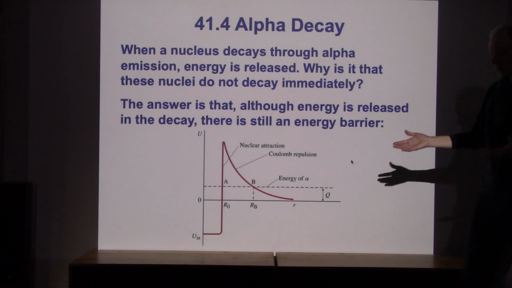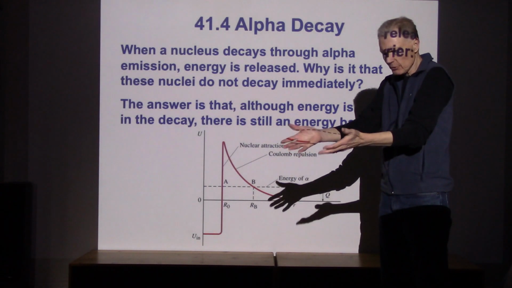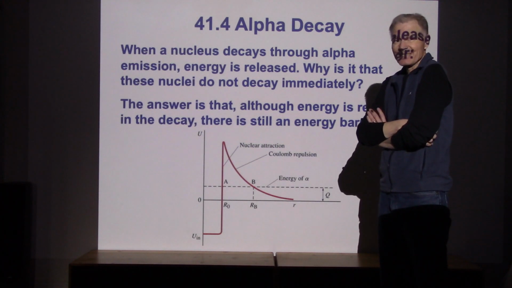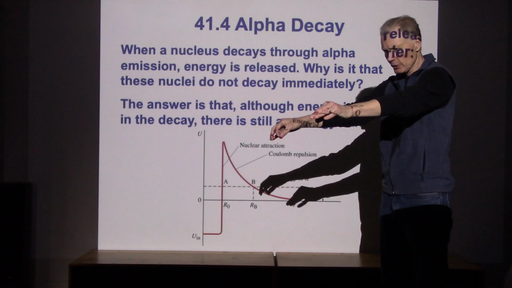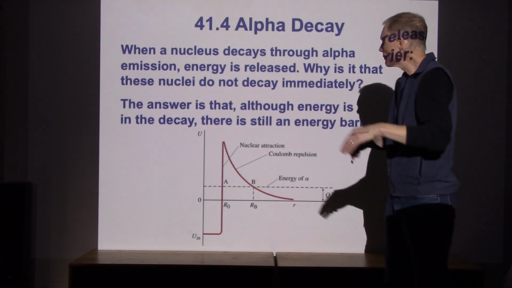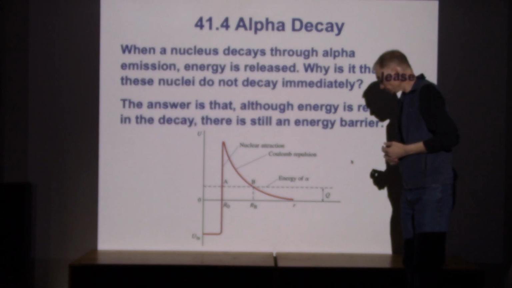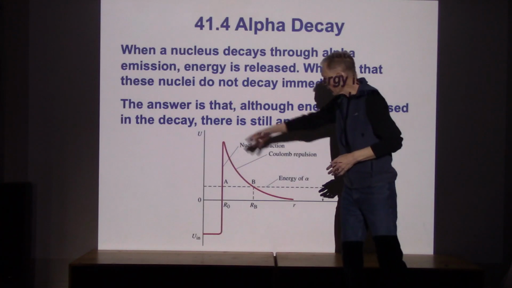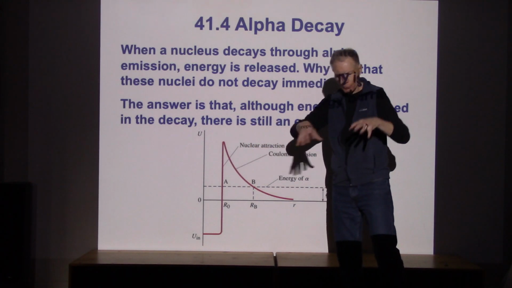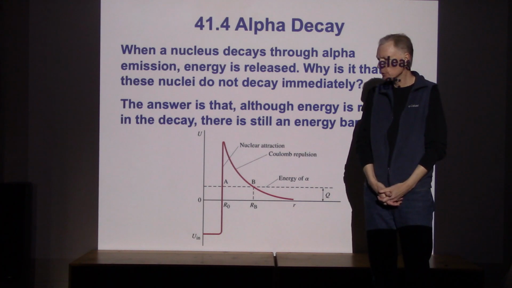So if I have a bunch of uranium-232 nuclei, and I'm watching all of these, they don't all decay at the same time. Here's one that decays, one over here decays, one over here decays. The way we think about that is, first of all, it's a quantum mechanical effect. We've got wave functions representing all the protons and neutrons inside that nucleus.